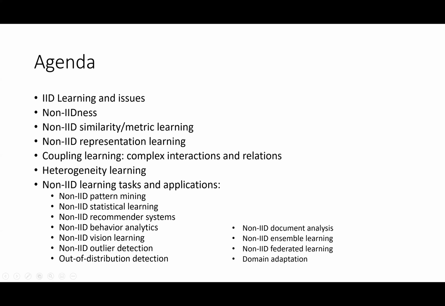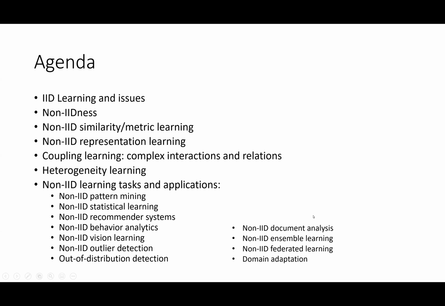I also illustrate a few specific areas related to pattern mining, statistical learning, recommender systems, behavior analytics, visual learning, and outlier detection. Then I invited Jilin to share his work on out-of-distribution detection in deep neural networks.